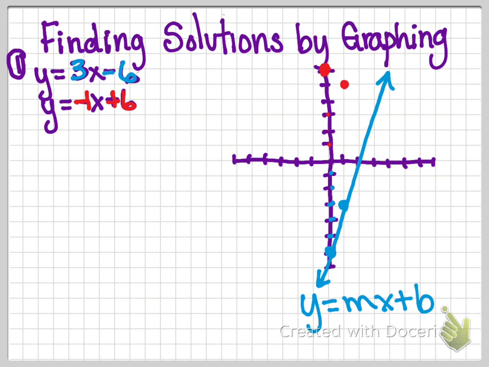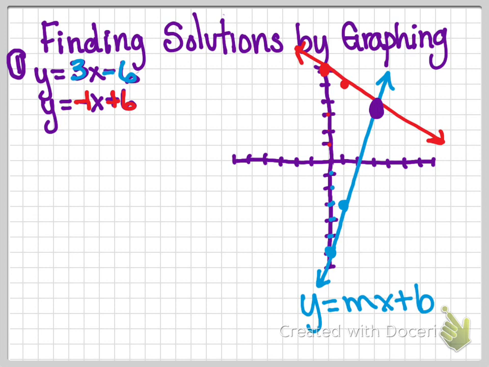When we draw that line, connecting those 2 points, we'll see that there is 1 point of intersection. And where these 2 lines cross is where the solution of the equations is. And we can see that it crosses right about, well, it's supposed to cross right about here.